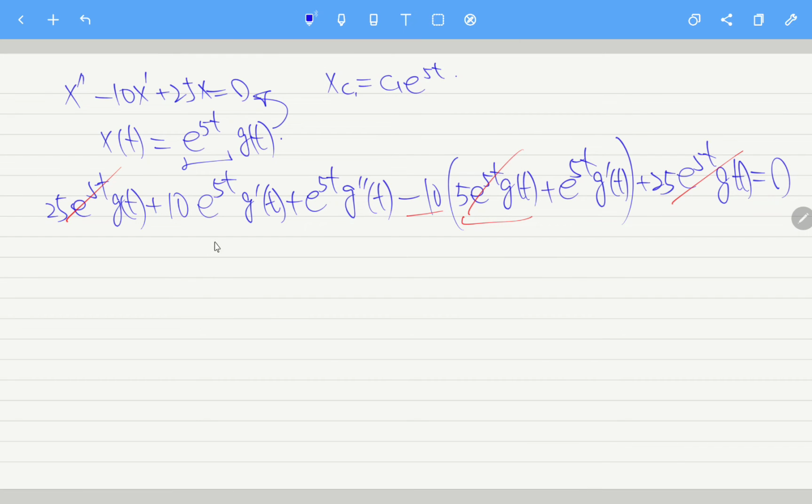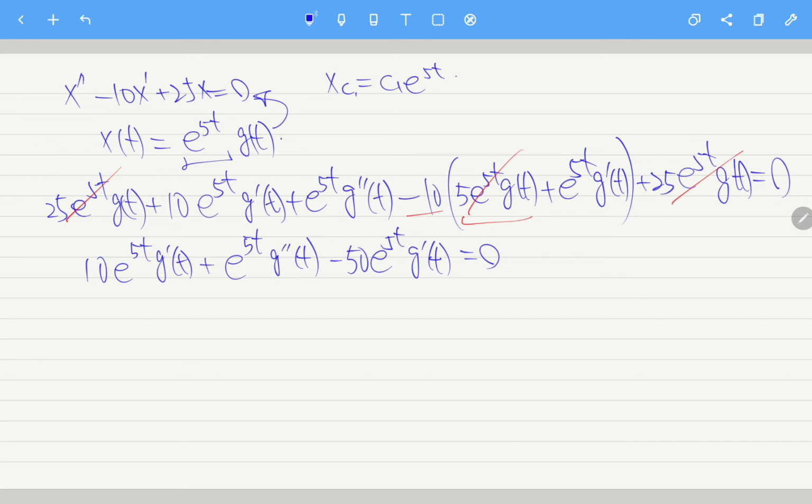So here we have actually 10 exponential to 5t g prime of t, and then plus exponential to 5t g double prime of t, and then here we have negative 50 exponential to 5t g prime of t equals 0.